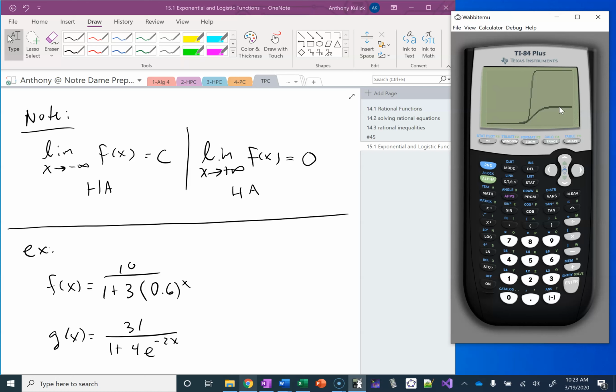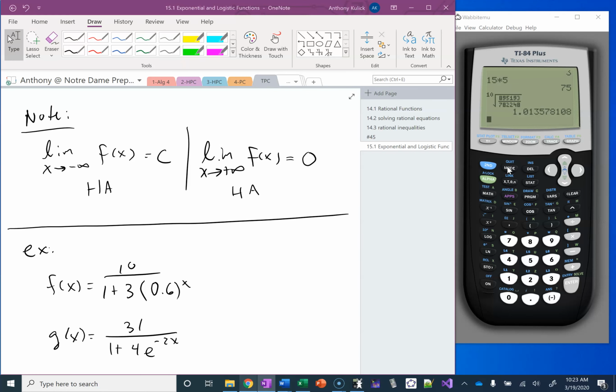So things that we might be interested in would be maybe finding points on these. So to find a point on this, all I'm going to do is pick a value for x and plug it into my function.